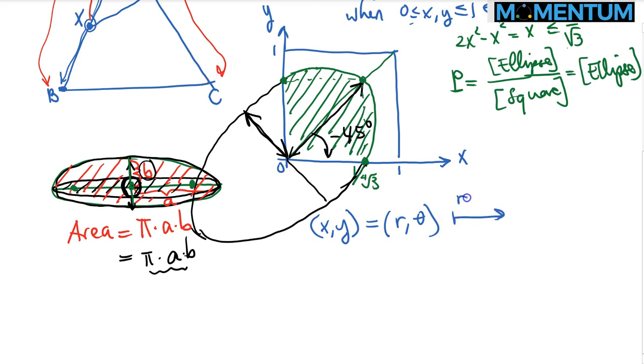So if you have a polar point and you rotate it by whatever angle, for instance, in our case, we want to rotate it by minus 45 degrees, the new point would still have the same distance from the origin, except that the new angle would be theta minus 45 degrees, right? And that's it. So therefore, we can do the following.